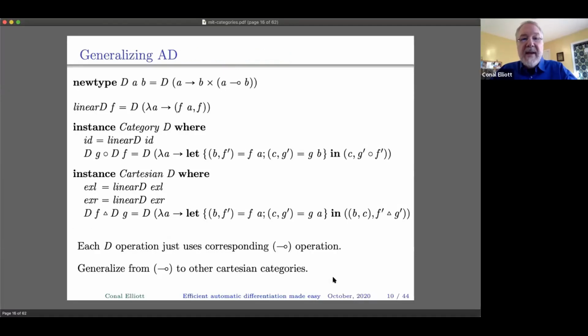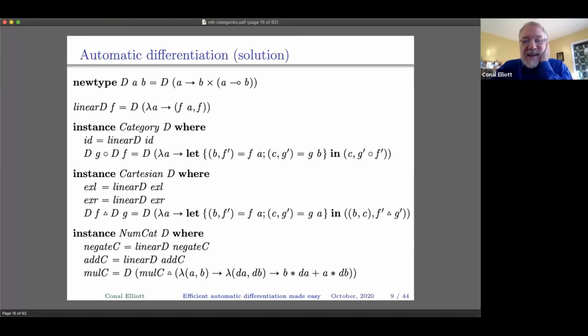All right. Now, if you look at this solution here, almost nothing here depends on how we represent linear maps. I'm treating linear maps here as functions. A linear transformation is a function that has the property of being linear.